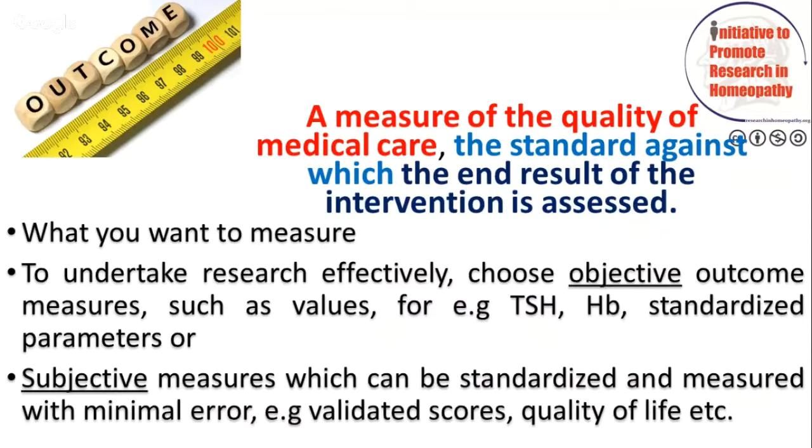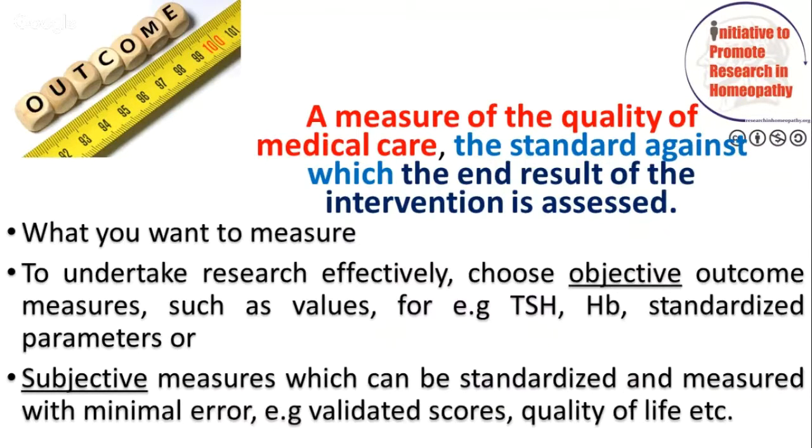To undertake research effectively, always choose an objective outcome, that is, one which can be objectively categorized, such as values, for example, TSH, hemoglobin, standardized parameters, because these things can be easily standardized, observed, recorded, evaluated.